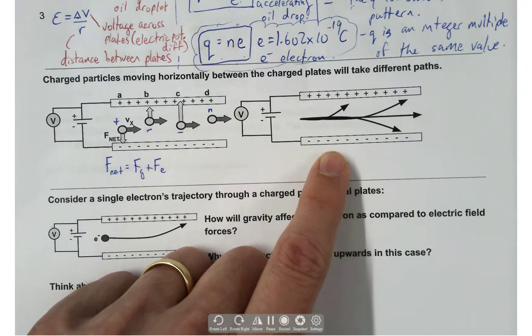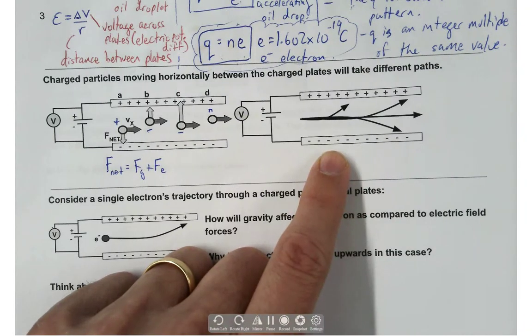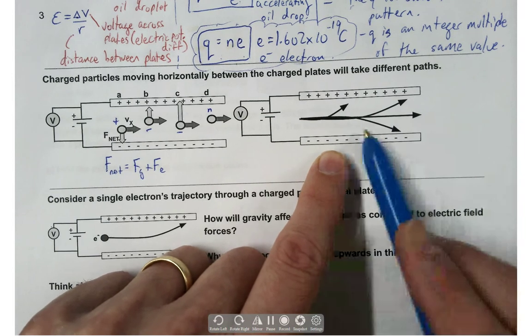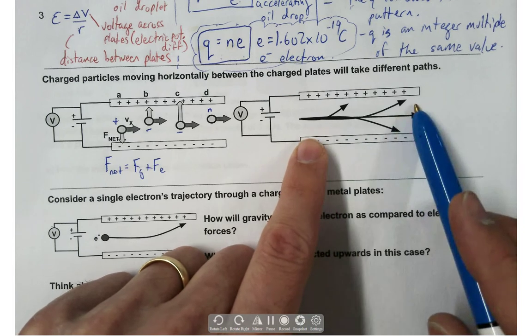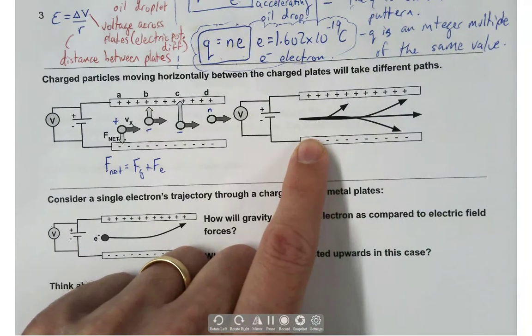And of course, if there's an F net and an initial velocity, V1x, remember from our projectile days, each one of these has a V initial x value. Which path is which? Take a second and try to figure out which one is pathway A, B, C, and D. You can just label them.